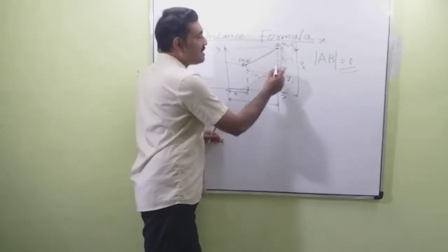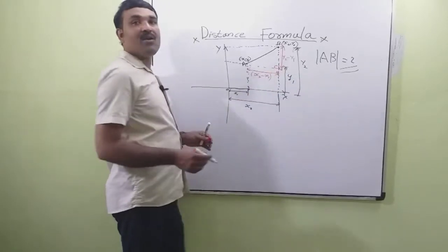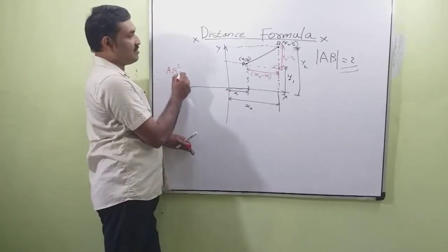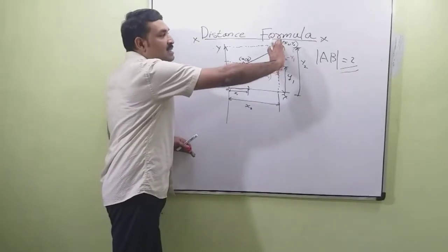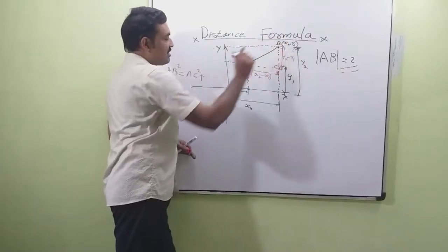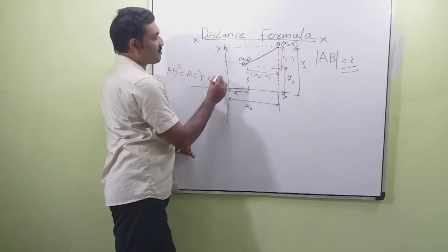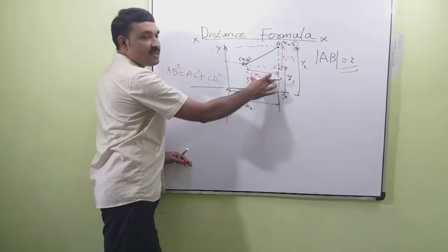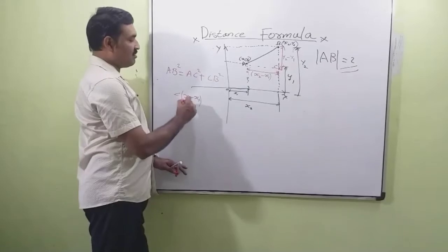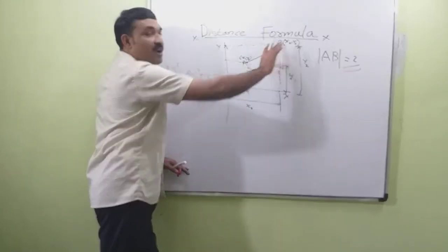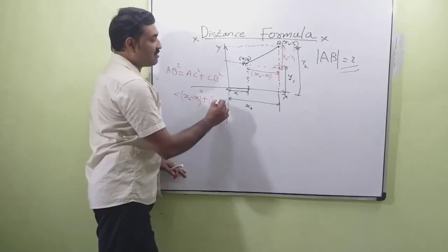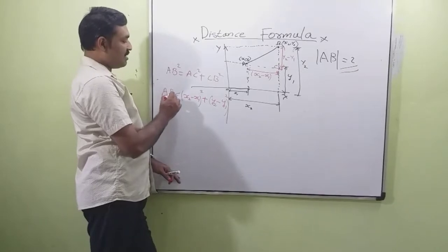Now let this point be some C. Now use Pythagoras theorem. That means AB square is equal to AC square plus this vertical distance, that is CB square. AC is x2 minus x1, so x2 minus x1 the square plus this distance y2 minus y1 the square is equal to AB square.